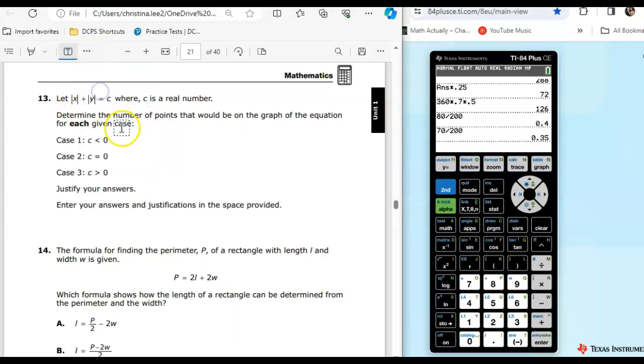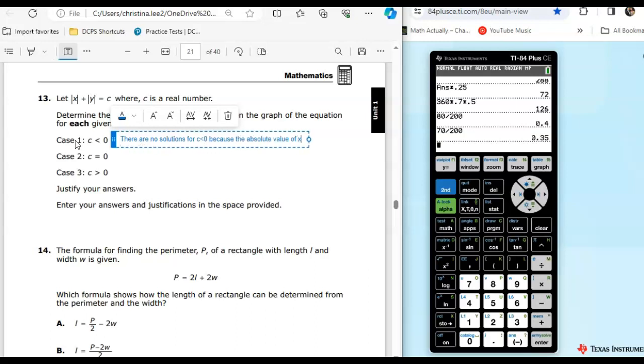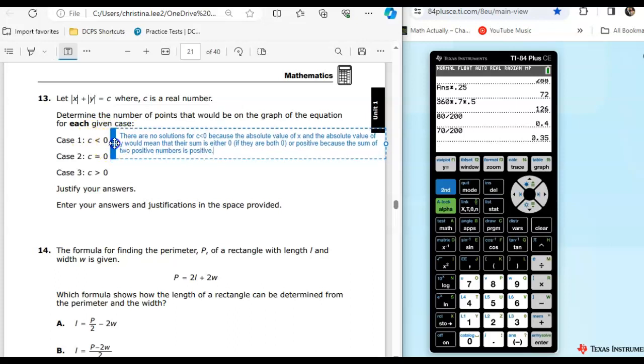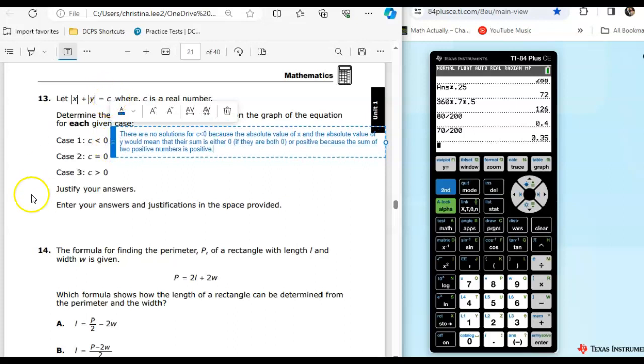So what you're going to have to say here is there are no solutions for c is less than 0 because the absolute value of x and the absolute value of y would mean that their sum is either 0 if they are both 0, or positive because the sum of two positive numbers is positive. Okay, so there are no instances in which this number c would be less than 0.